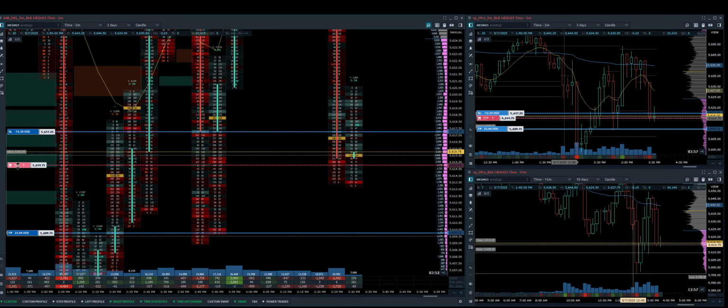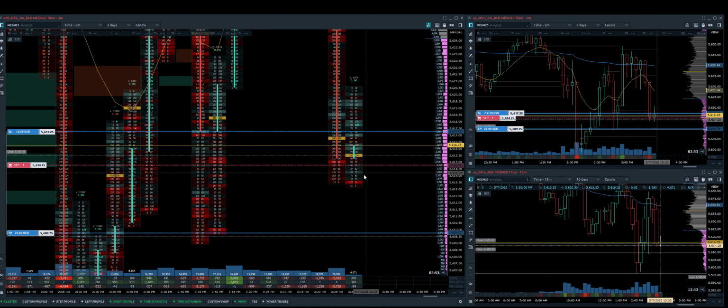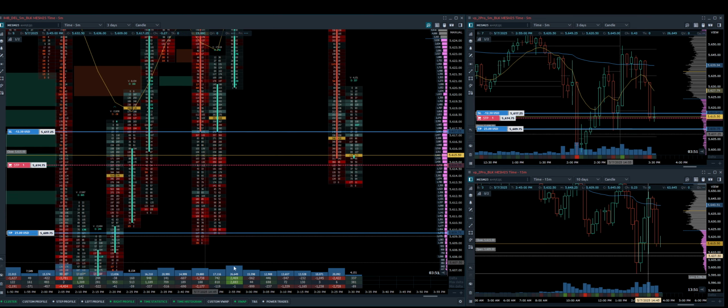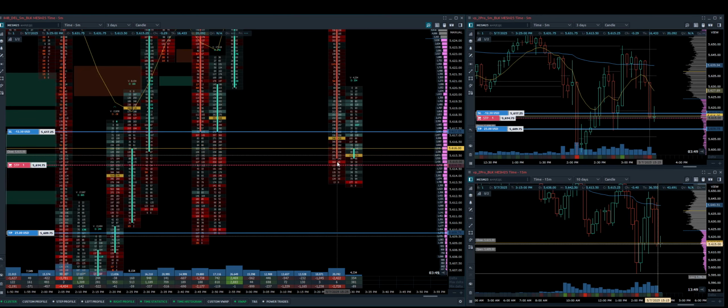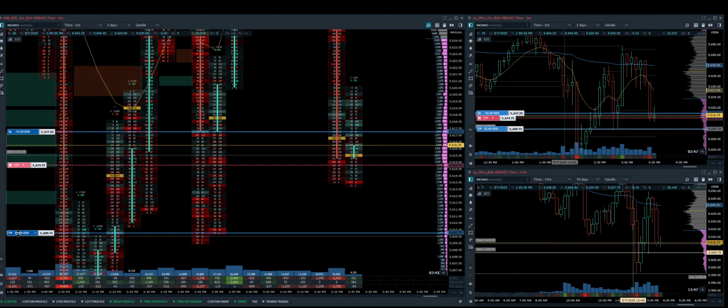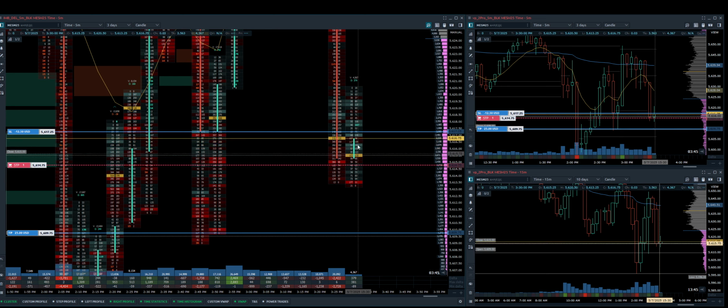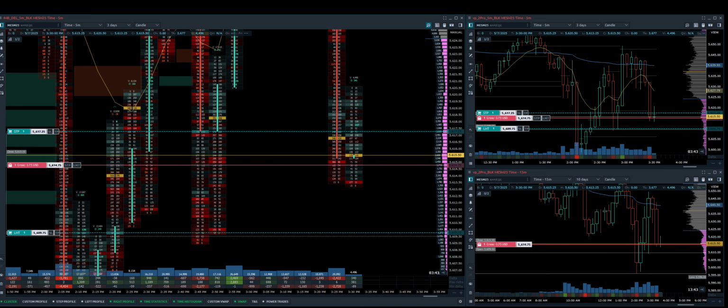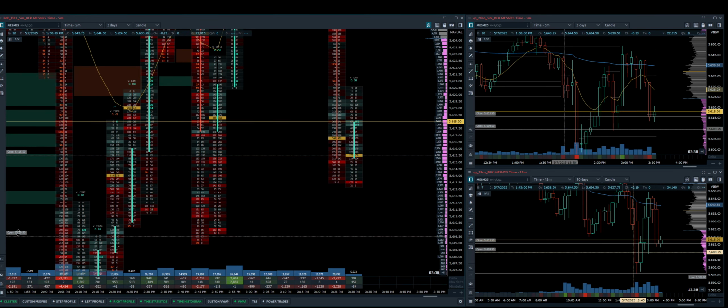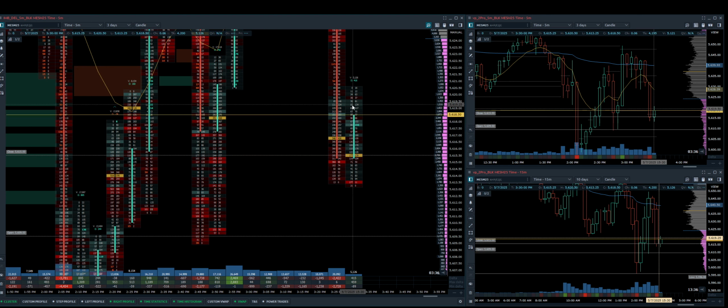Delta was staying about 350. There's a significant negative delta here. There's a lot of volatility, up and down, up and down. There's a lot of slippage in there.